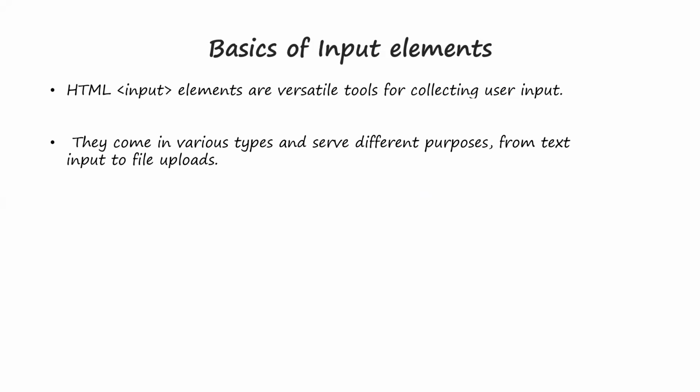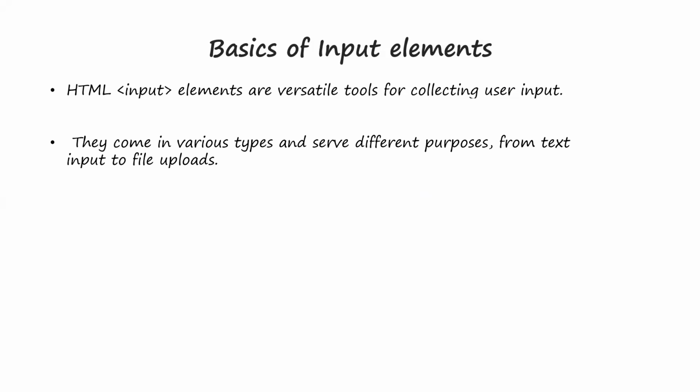So we'll be taking a look at most of the types of inputs, but in the next sessions we'll talk about more advanced ones, like the checkbox, the radio button, the file. We will have separate sections for them and talk about them extensively.